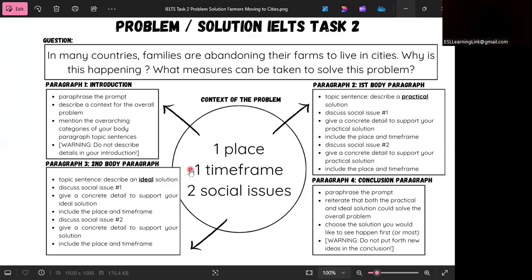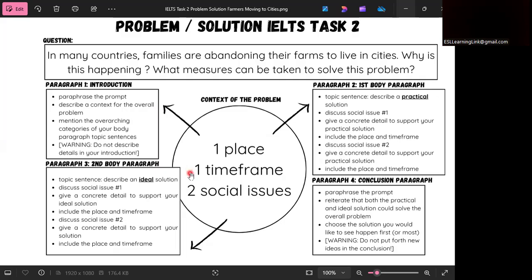And for the time frame, you can choose some time in the past. You can choose current times, or you can imagine into the future. So depending on which country you're from, it might change.